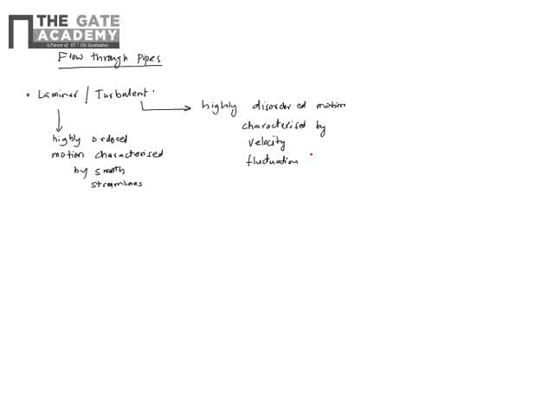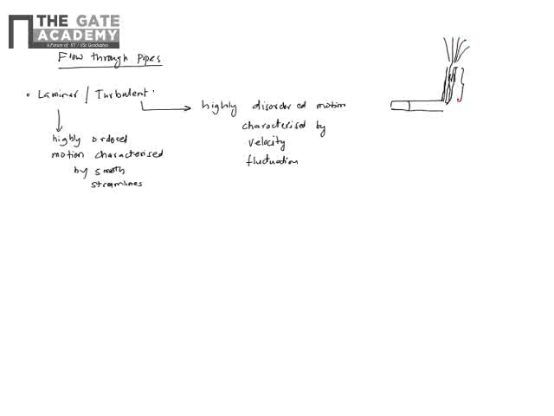So if you want to see both, let's see if somebody is smoking. When you light up the cigar, if you see the smoke that rises upwards, for some portion it is almost orderly motion, and after that it just spreads.